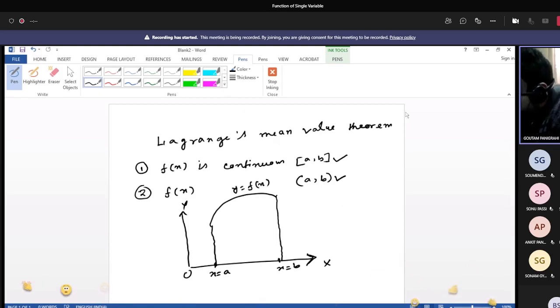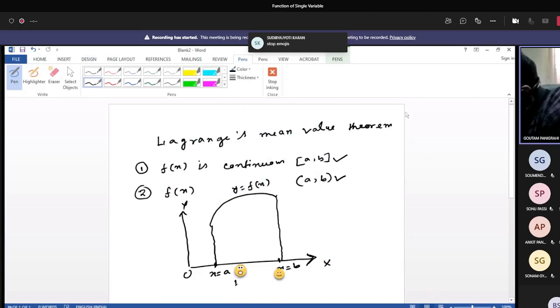Now here the interval is b minus a, and this will be the value f(a).